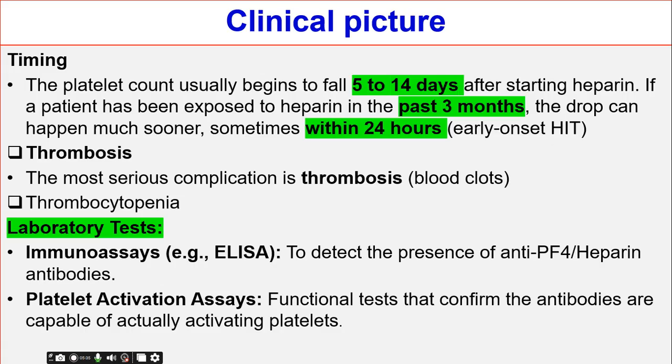Sometimes we assess the platelet activation in the laboratory in response to the antibody formation. This is the clinical picture, including timing, the presentation with either thrombocytopenia or thrombosis, and the investigatory tools that lead to the diagnosis of HIT.